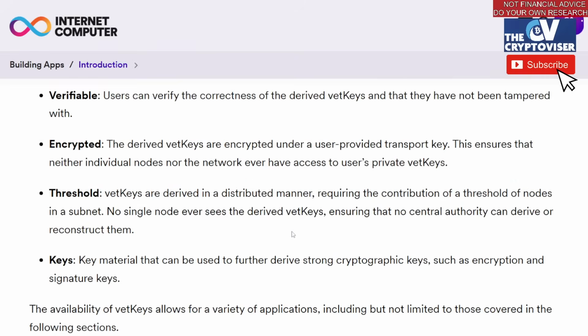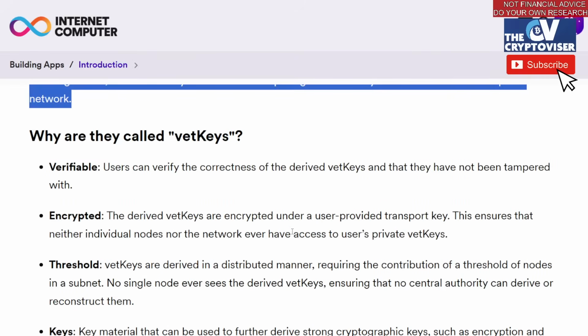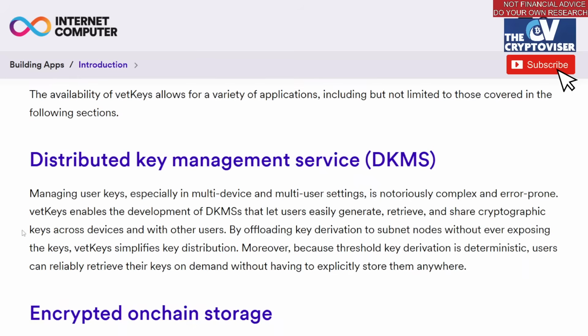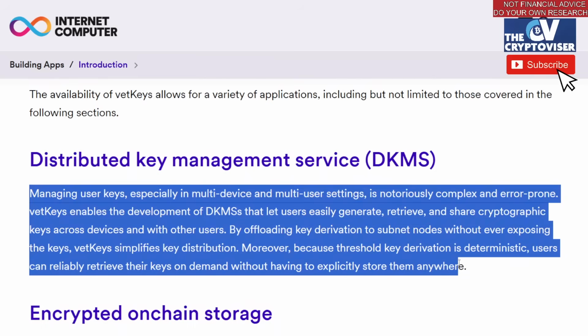So we talked a little bit about what vetKeys stands for: verifiable, encrypted, threshold keys. Managing user keys, especially in multi-device and multi-user settings, is notoriously complex and error-prone. VetKeys enables the development of DKMSs, which are distributed key management services that let users easily generate, retrieve, and share cryptographic keys across devices and with other users.